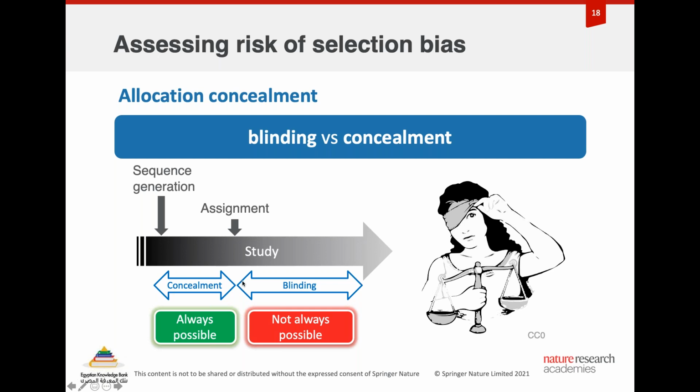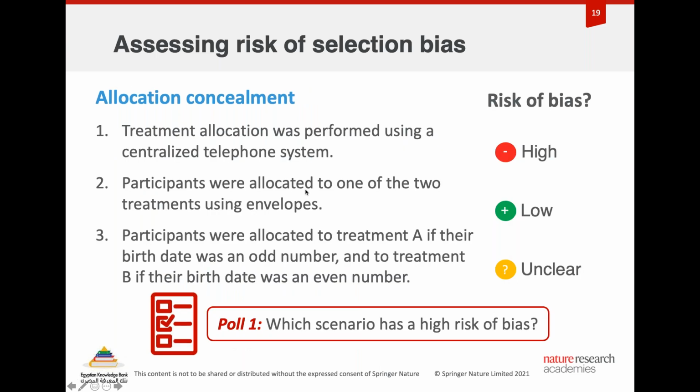Of course, double-blind studies will be best. So that's why there's two dimensions for allocation concealment. One is related to concealment, the other is related to blinding. And that's going to be this next set of questions. One, the treatment allocation was performed using a centralized telephone system.